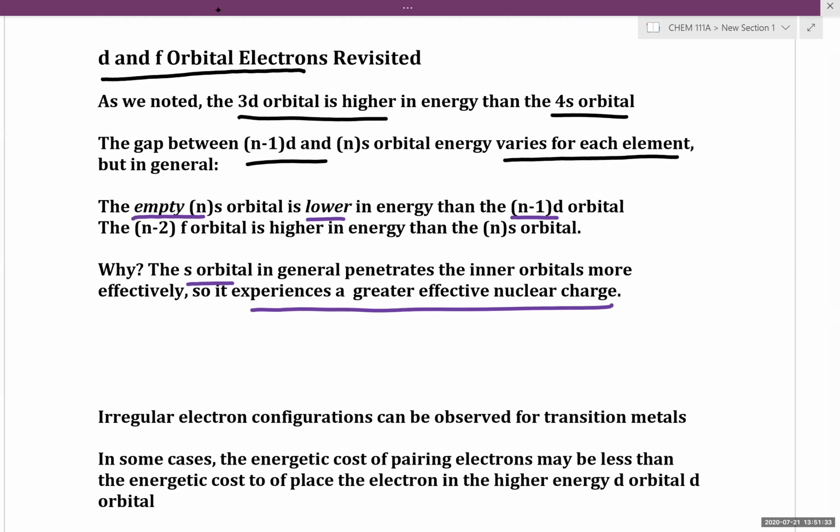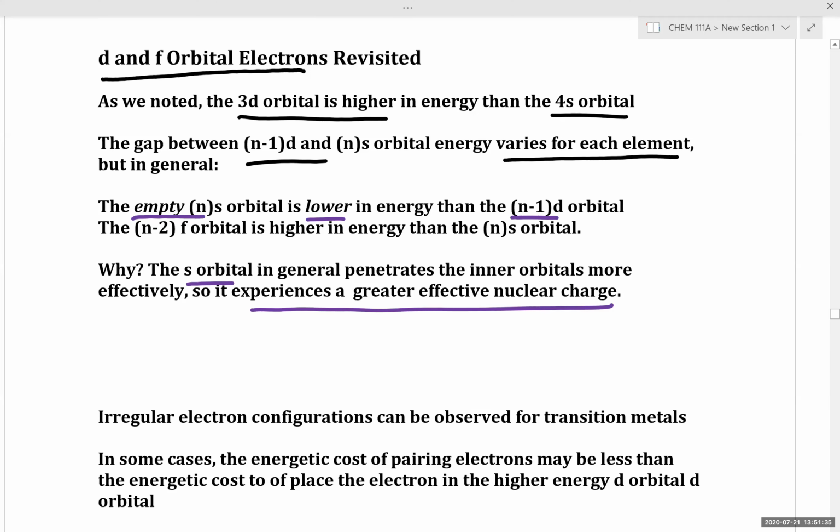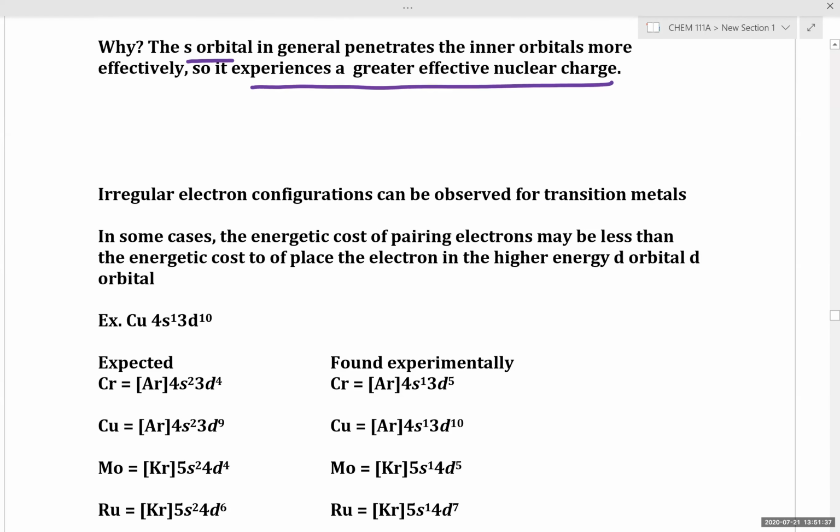Now, where things get a little weird is that when we start looking at transition metals, we often see irregular electron configurations. The gap between the s and d orbitals is dynamic and depends on the element you're looking at, the nuclear charge, and many other factors.